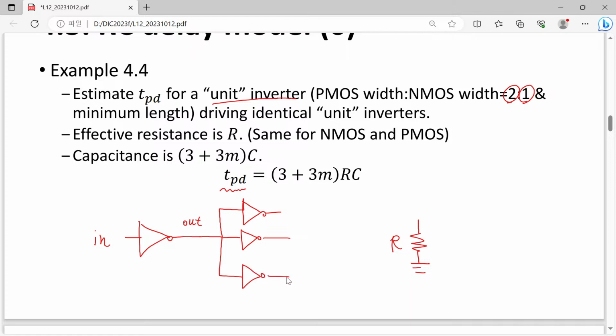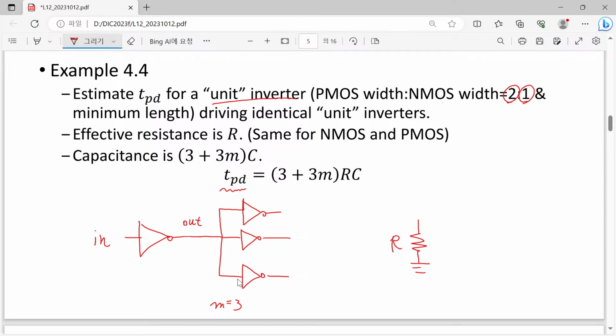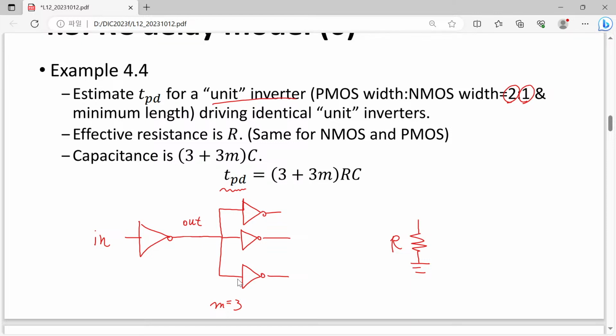For example, this one just draws the m equal to 3 case. If we have 4, then we'll have more. Then how about this one?